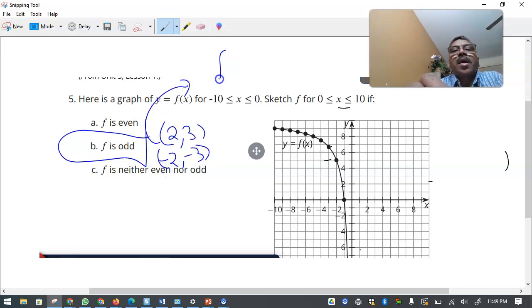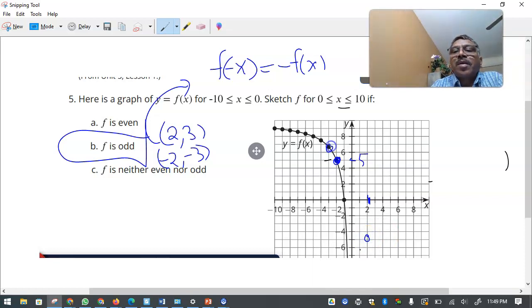It means f of minus x should be the same as minus of f of x. So basically, if this point is minus 2 and 5, then this will be plus 2 and minus 5. So this is how you get this.